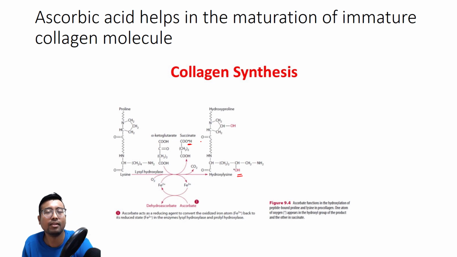Okay, so this is something about MCQ, but as a first year student you should mention the enzyme lysyl hydroxylase or lysyl oxidase, and it catalyzes conversion of proline to hydroxyproline or lysine to hydroxylysine. That's it. And this is a key enzyme that helps in maturation of collagen.